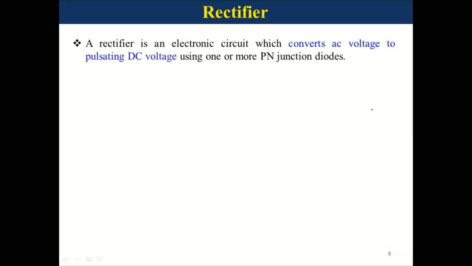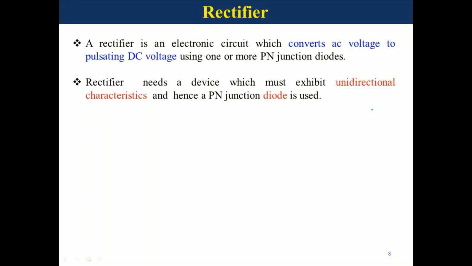So a rectifier is required. This rectifier is an electronic circuit which can convert AC voltage to pulsating DC voltage using one or more PN junction diodes. Why a PN junction diode is used in a rectifier circuit: for this we need a device that must exhibit unidirectional characteristics. Hence a PN junction diode is used.